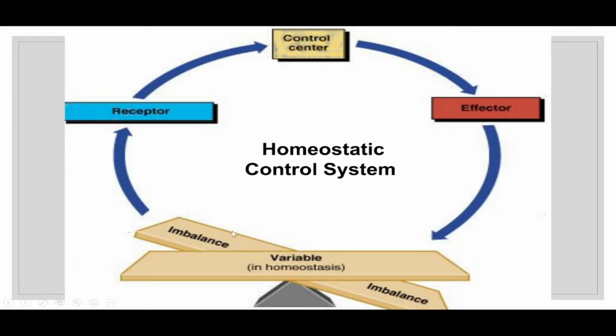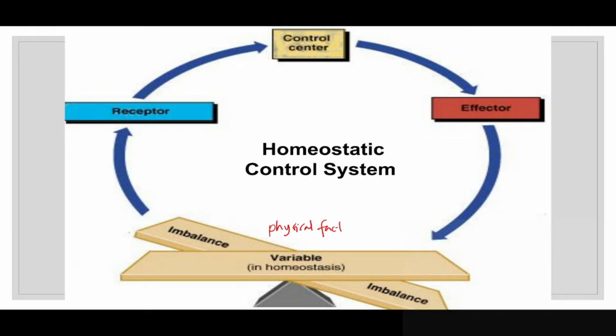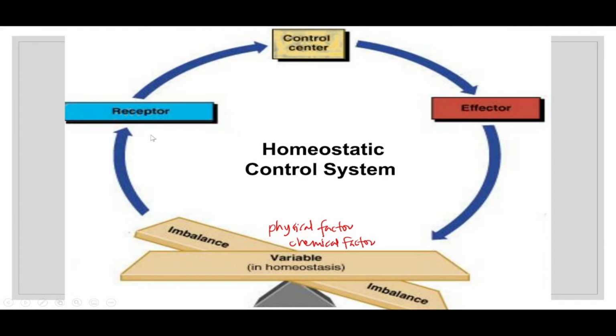When there are variables or imbalances in our body, for chemical factors or physical factors, the receptor will detect them, such as the blood glucose level for chemical factors, or pH. The receptor sends an impulse to the control center, and the control center translates the impulse and sends it to the effector.